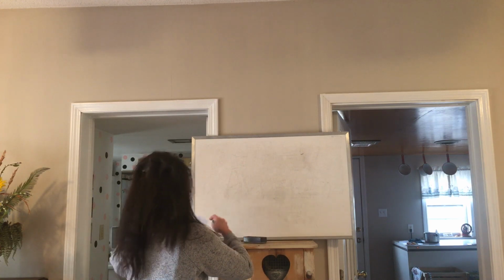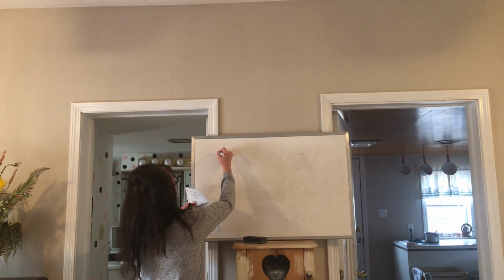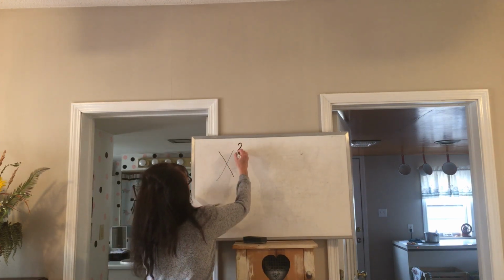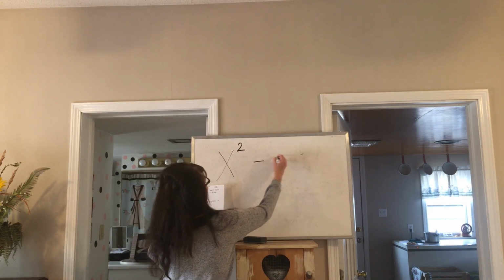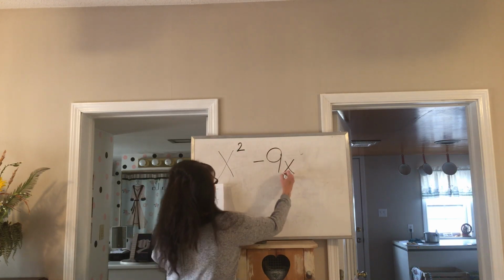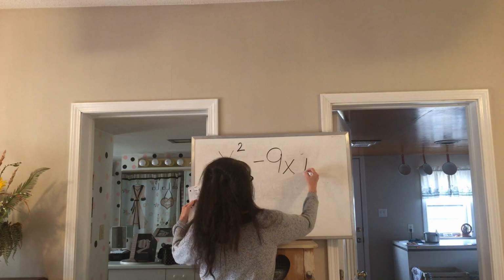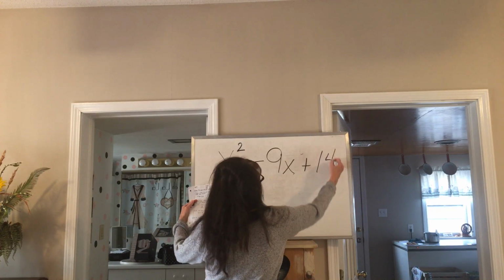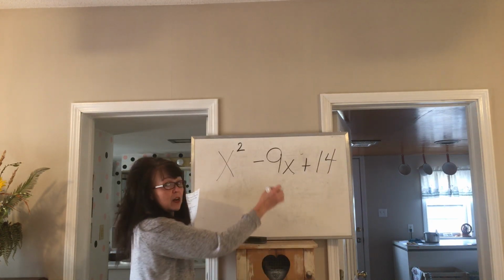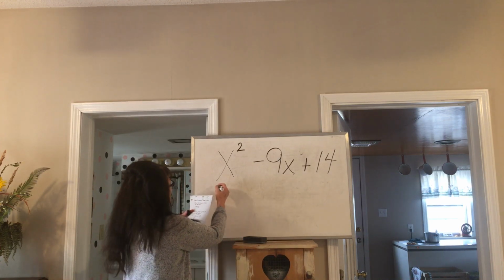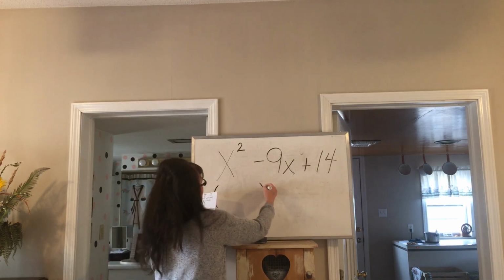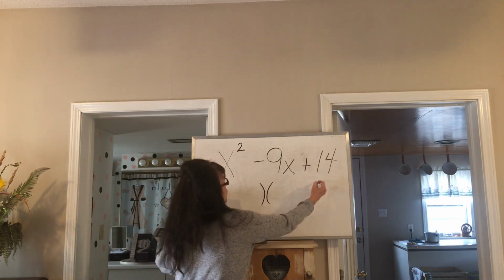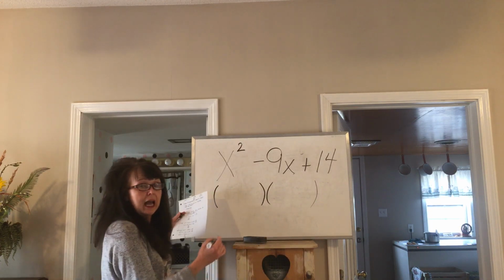Okay, so here it goes. Example 1. You've got x squared minus 9x plus 14. Okay, there is no GCF. We're going to drop down 2 parentheses.